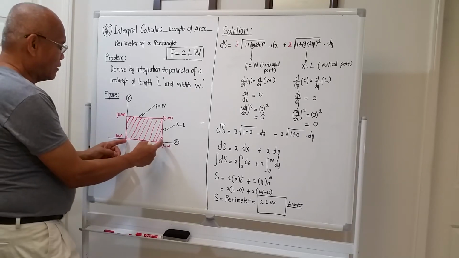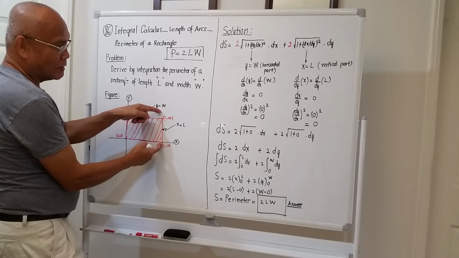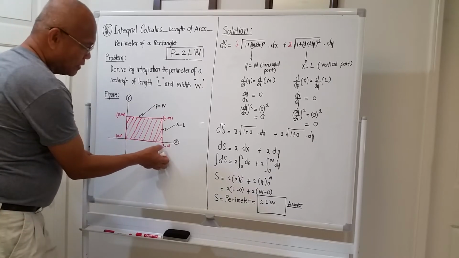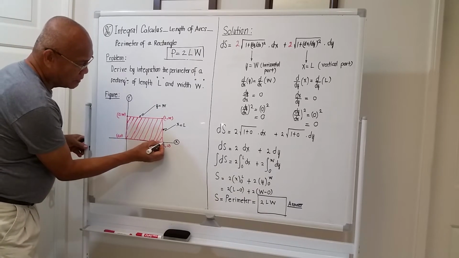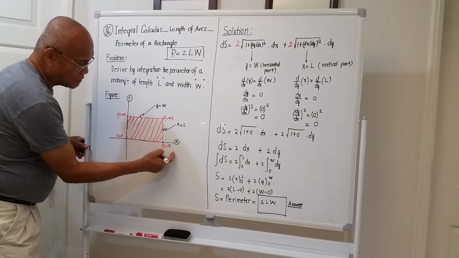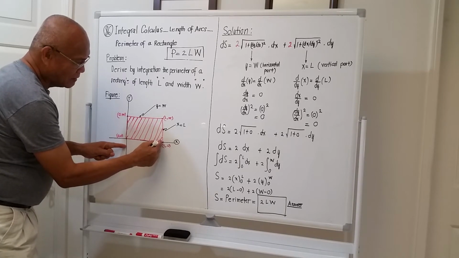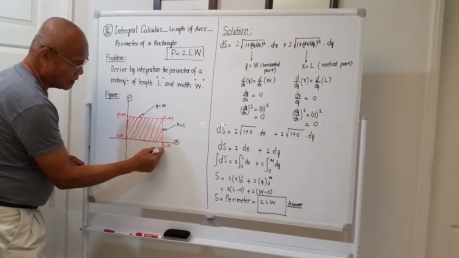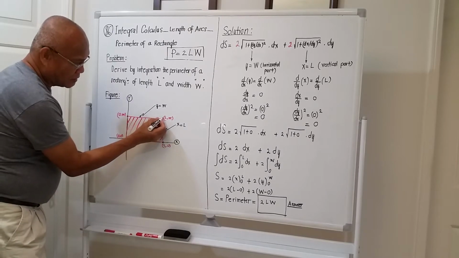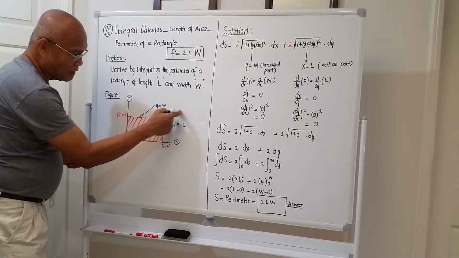So this should be the length of the rectangle. This is the width. The coordinates of this point here will be L and 0. This is L, vertical height is 0, so this is (L, 0). This corner here will be (L, W).